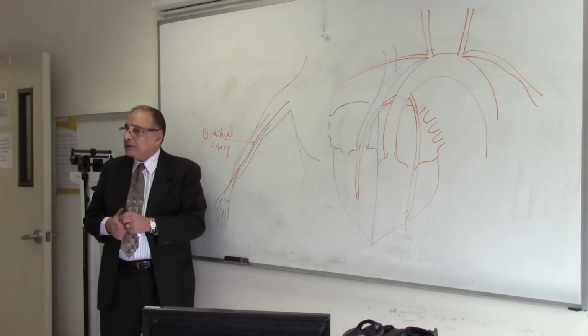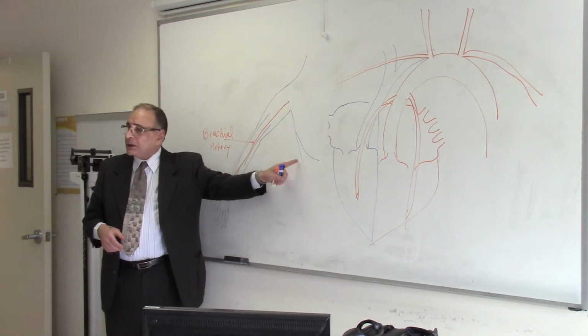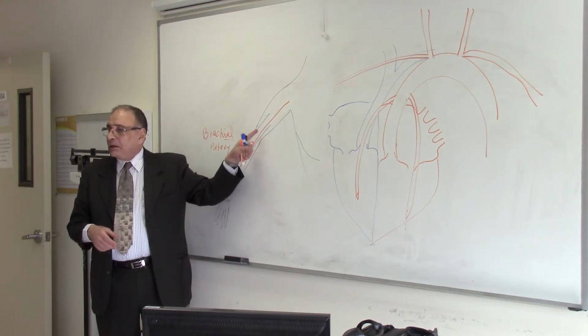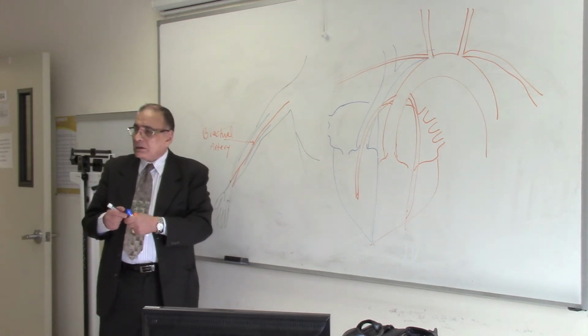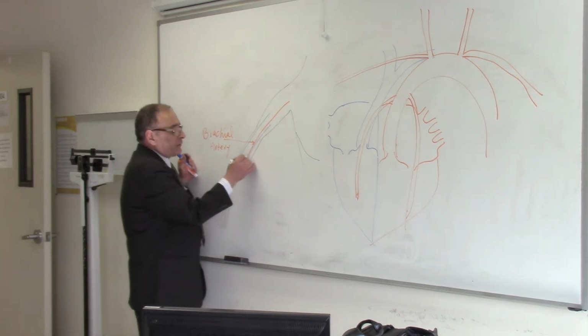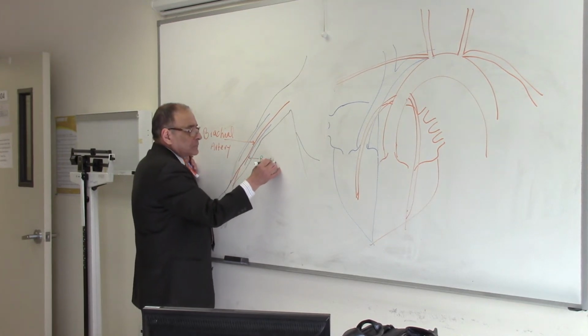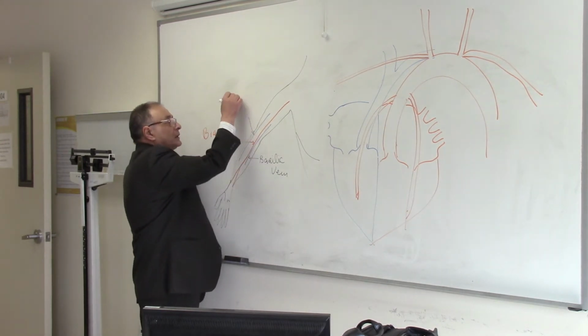In medical terminology, you studied that when the vein is closer to the body, it's called medial. Outside it's called lateral. But here, this vein is called the basilic vein. And this is called the cephalic vein.